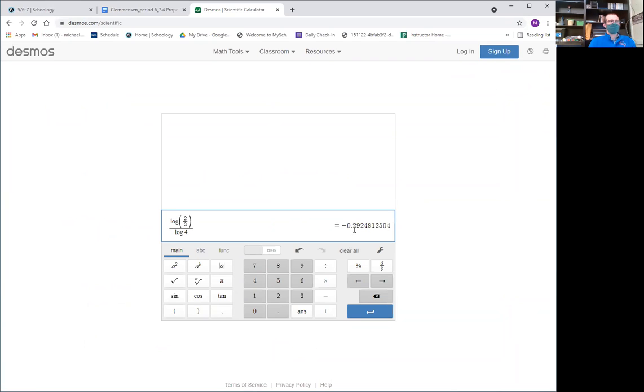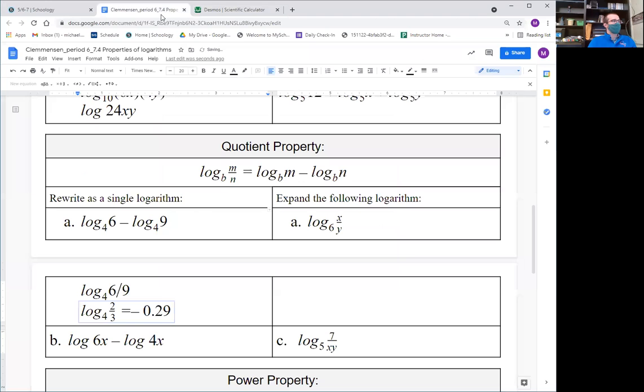I get that negative 0.292. Again, all I do is I take the log of my outside number divided by the log of my base number. The log of 2/3 divided by log of 4, which gives me that negative 0.29.